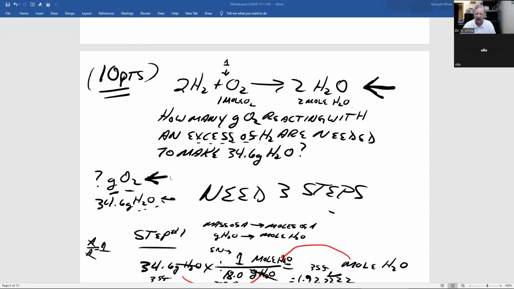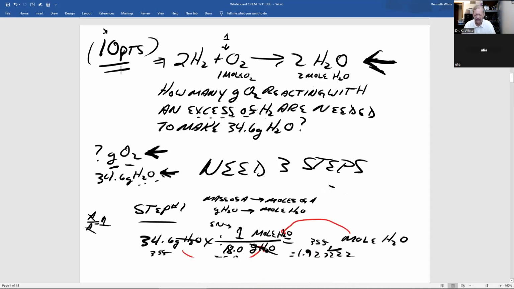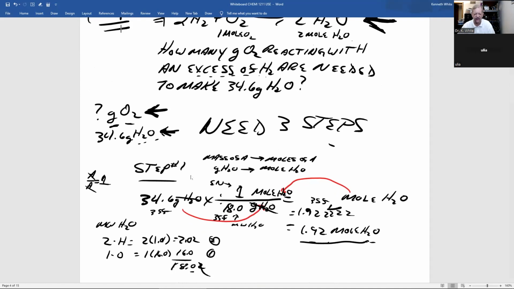You're given a balanced chemical equation. You need this to do the problem. So we're trying to find grams of oxygen. We're given grams of water and a balanced chemical equation and 10 points. Yep, 10 points. There's no way you can go from grams of one compound directly to grams of a second compound. You need 3 steps.